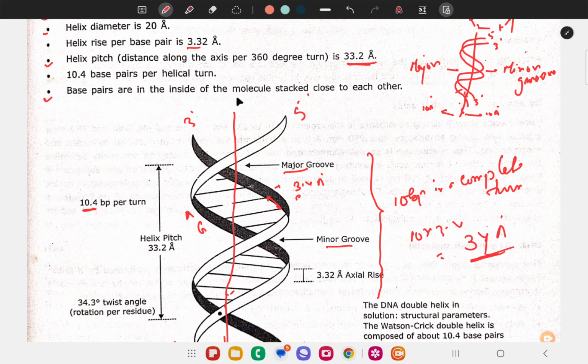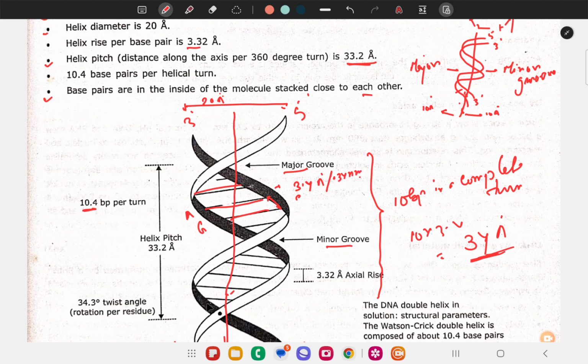Base pairs are inside the molecule, stacked close together, held by hydrogen bonds. So what are the common features? The diameter of the DNA is 20 angstrom. The distance between two base pairs is 3.4 angstrom, or 0.34 nanometer.